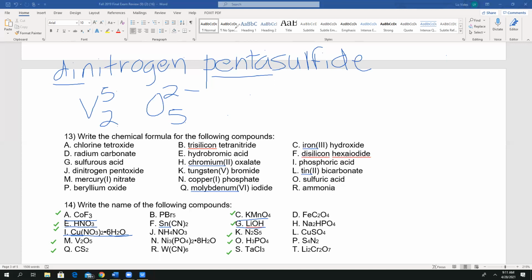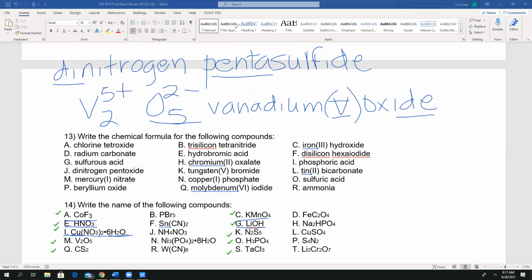So this has to be the positive 5. You see that? So then the name is vanadium 5 oxide. Oxide, because it's just oxygen.